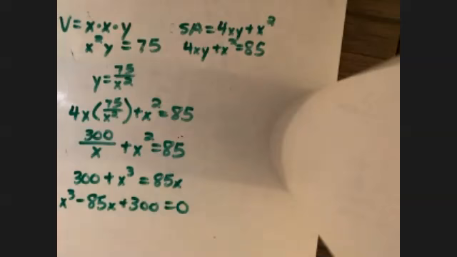Now, guys, for this one, you're going to need to go to a calculator and plug this in. Because we're setting it equal to 0, you can either find the x-intercepts, or you can plug in that second equation.